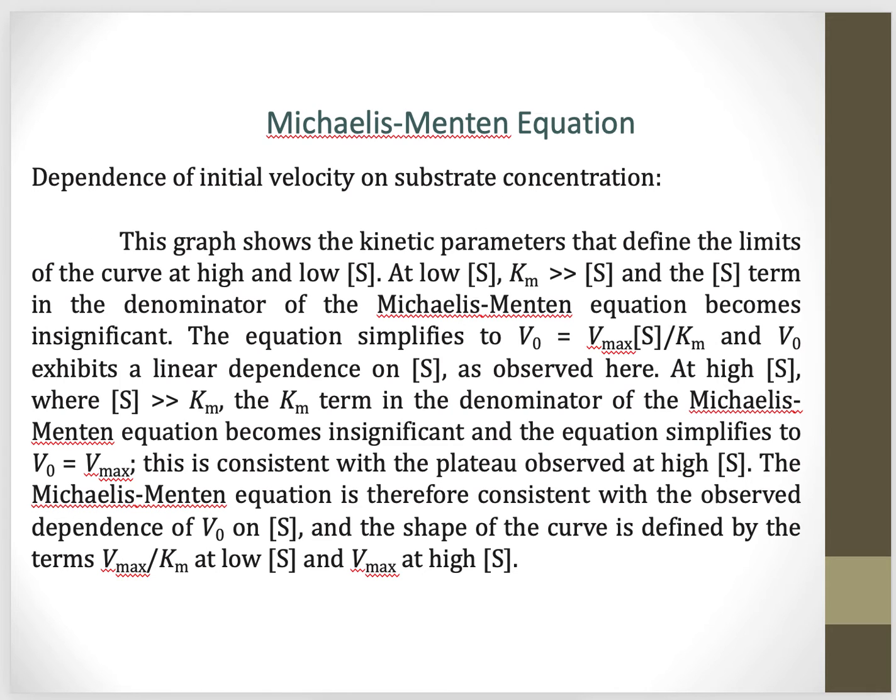This graph shows the kinetic parameters that define the limits of the curve at high and low substrate concentration. Now when the substrate concentration is low, that means Km is much greater than substrate concentration, and the substrate concentration term in the denominator of the Michaelis-Menten equation becomes insignificant.